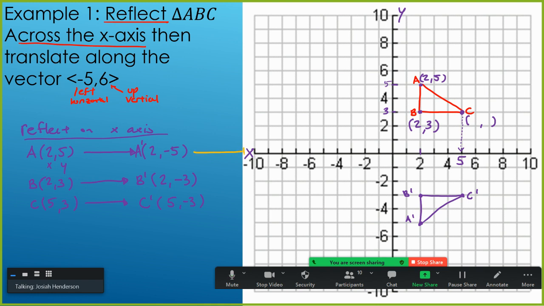So now I'm going to write out my steps on the left here. From A prime, B prime, C prime, we're going to use this vector, -5, 6.